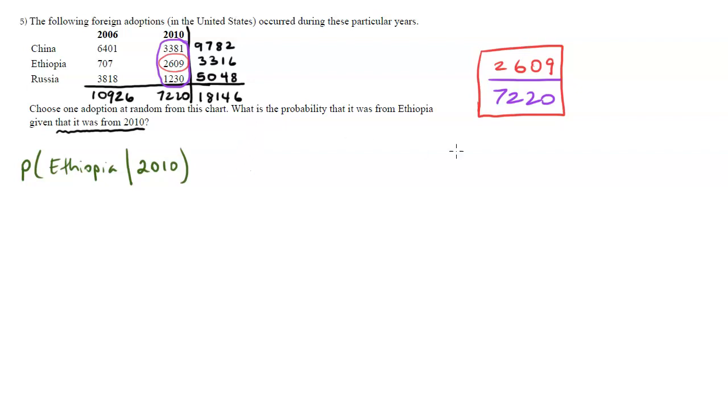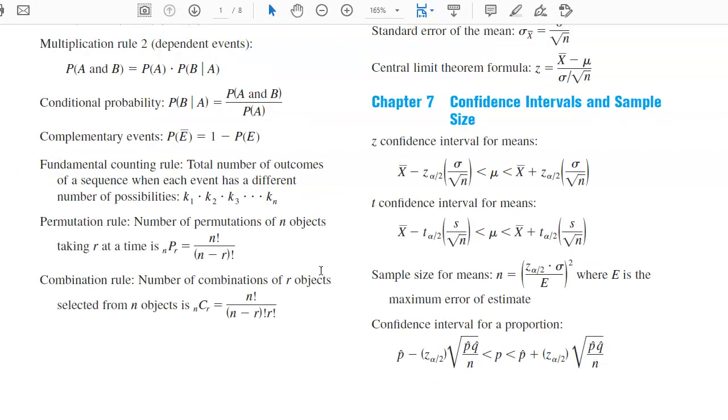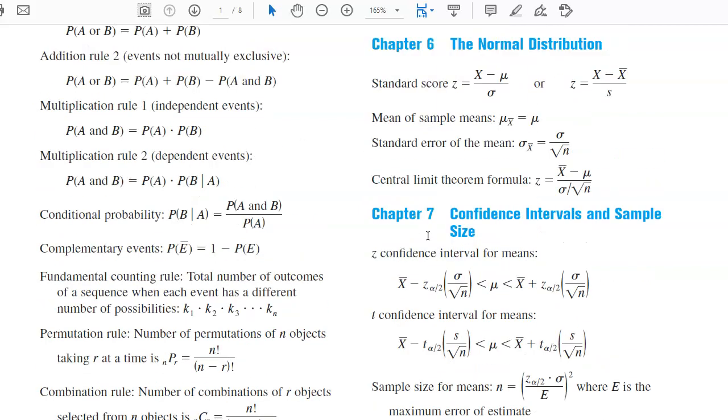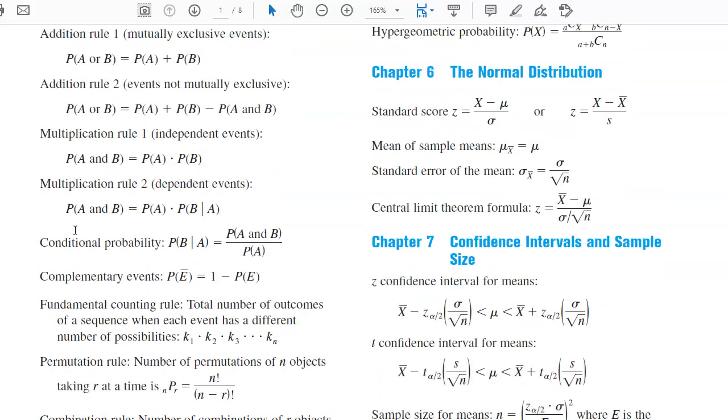Let's say you don't like that approach. Let's say you want to use the formula. I look at my formula sheet. I'm actually in the right place. Chapter 4, conditional probability here.